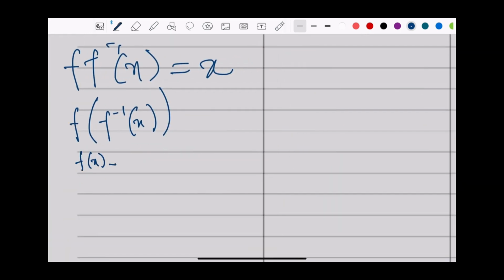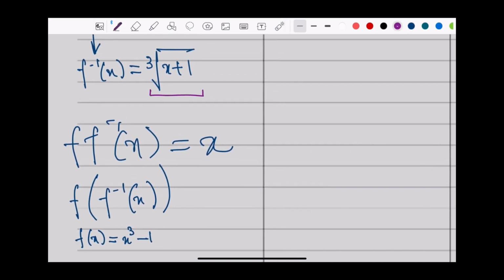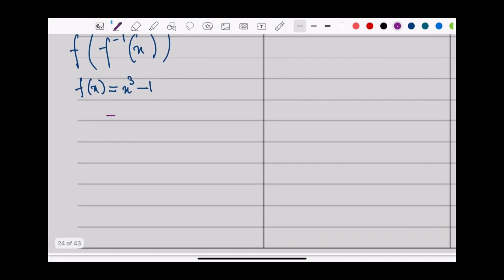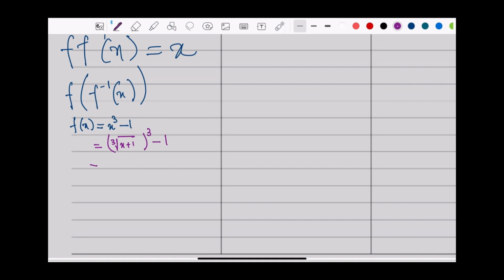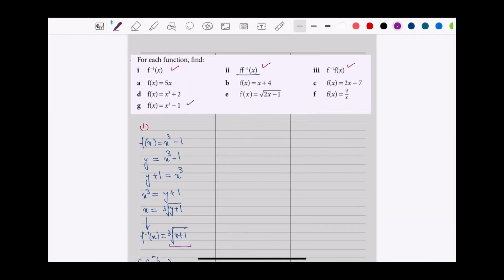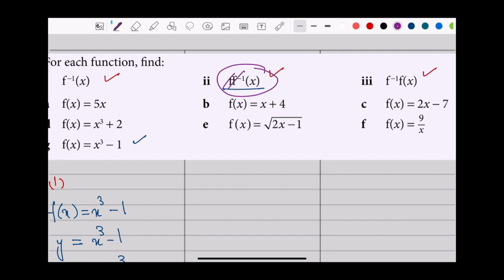So f of x is x cube minus 1, and I'm plugging in the value of f inverse in that. So it equals the cube root of x plus 1, whole power 3, minus 1. Now the cube root cancels out, and x plus 1 minus 1 is equal to x. See? Whenever you see anything written like this, it means that they are inverses of each other, and the only thing that remains is going to be x.